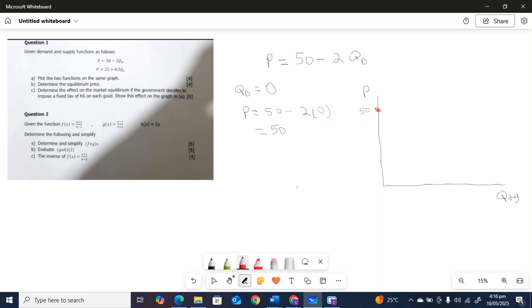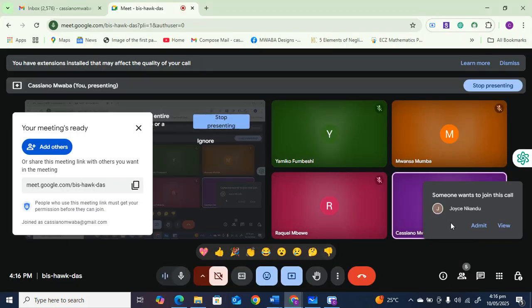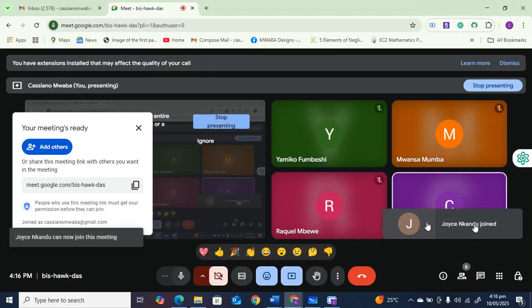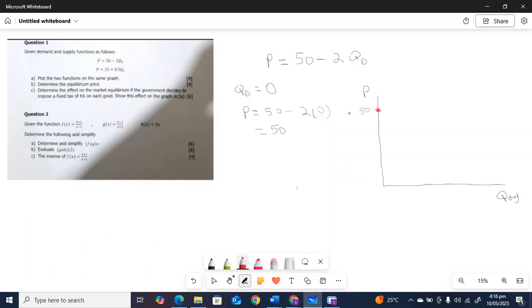This is where the demand function is cutting the y-axis. Then you can also get your x-intercept, where the demand function cuts the x-axis. So you let P equal 0. 0 equals 50 minus 2QD.